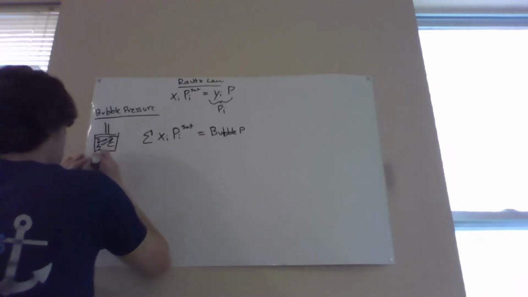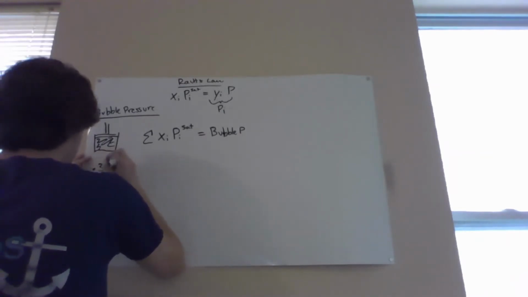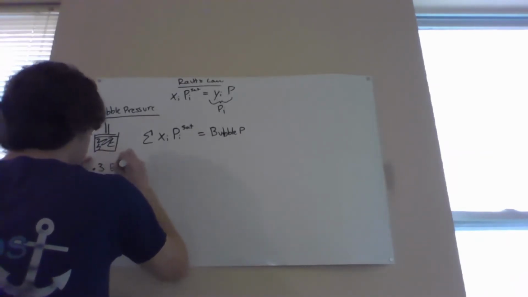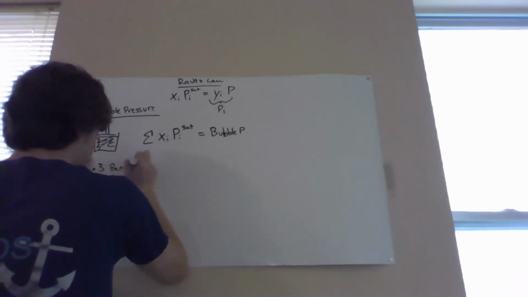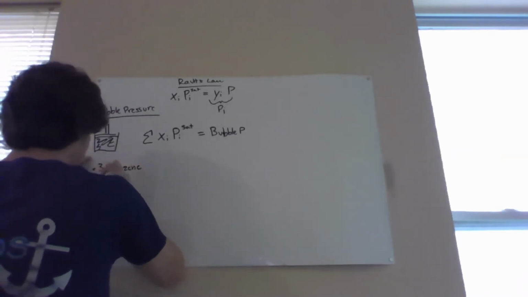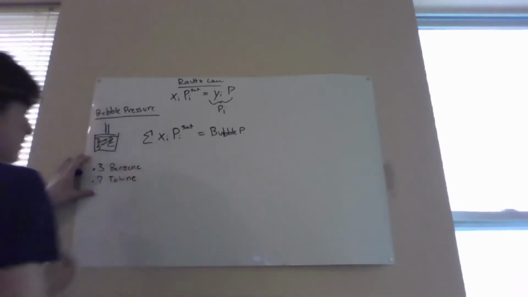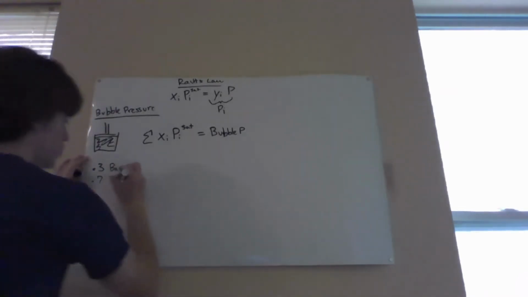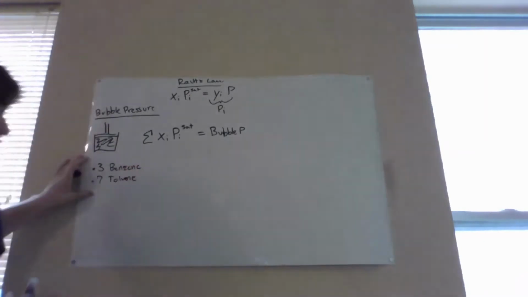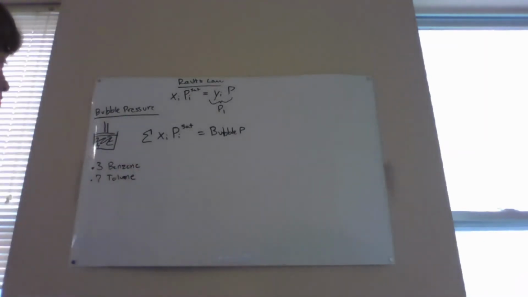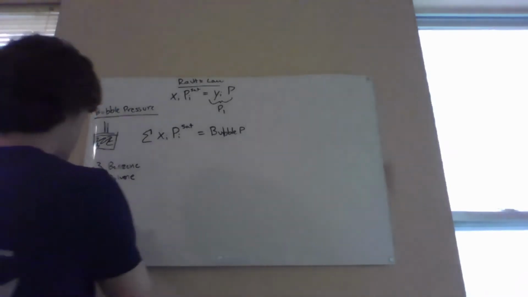In this case, for this problem, we will have 0.3 mole fraction benzene and 0.7 mole fraction toluene, and from there we can go ahead and start to plug this into our equation.